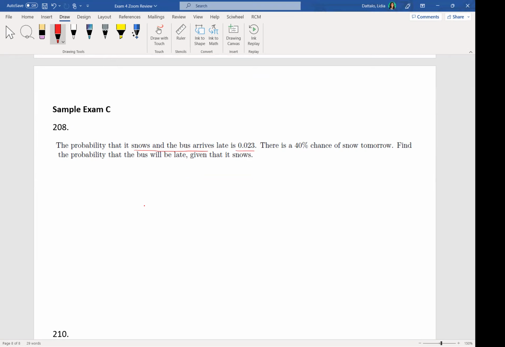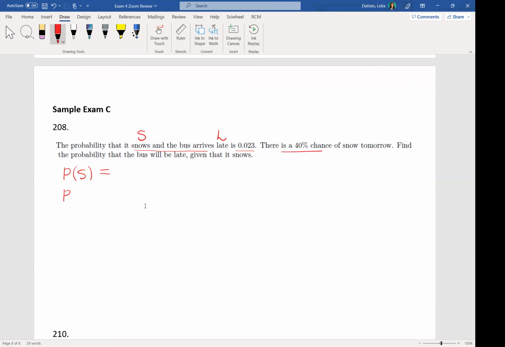Let's say the probability of S is the probability that it snows. The probability that it snows, this event S for snows, bus arrives late. Let's just call that L.